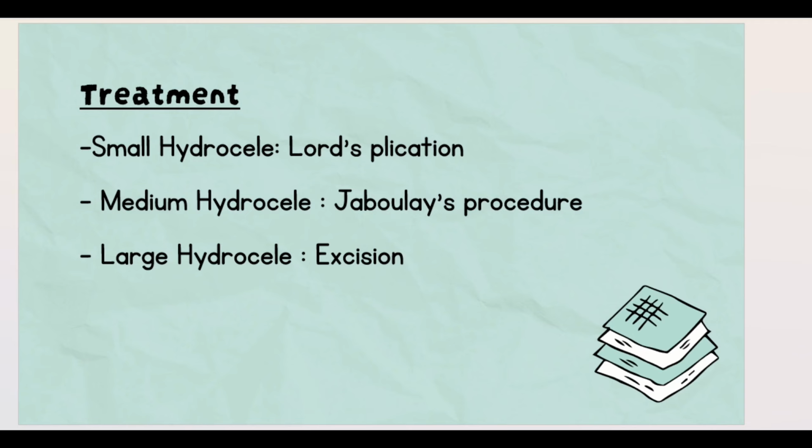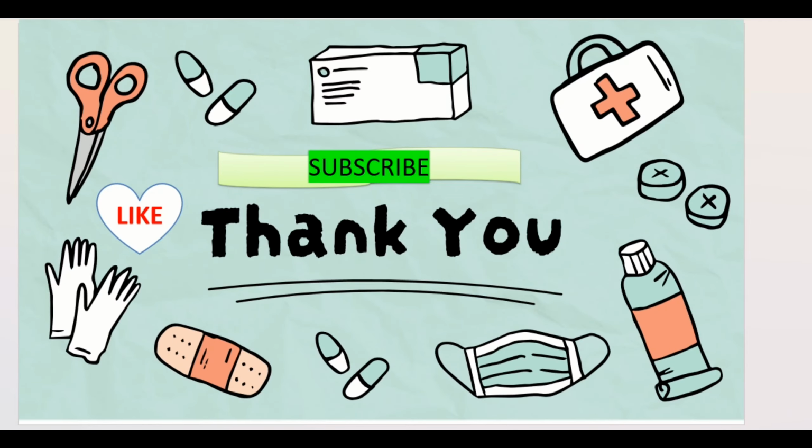For medium hydrocele, most commonly done procedure is Jaboulay's procedure. Here, once the sac is excised partially, we evert the sac, which is called Jaboulay's procedure. For large hydrocele, if the sac is thick, we can go for subtotal excision of the sac.